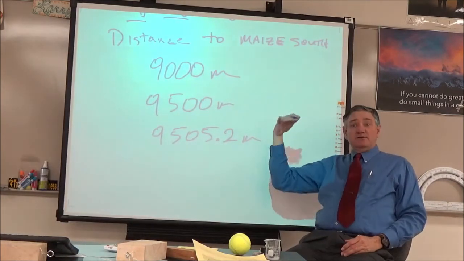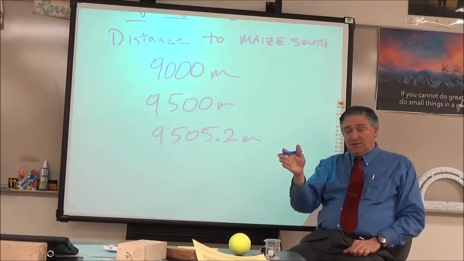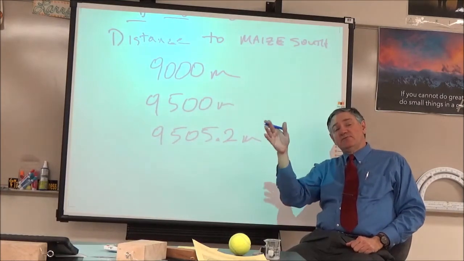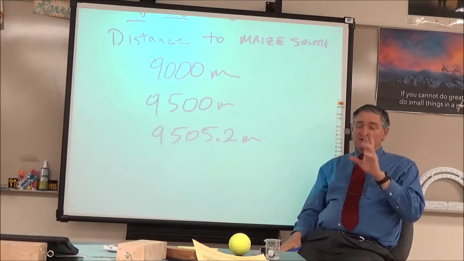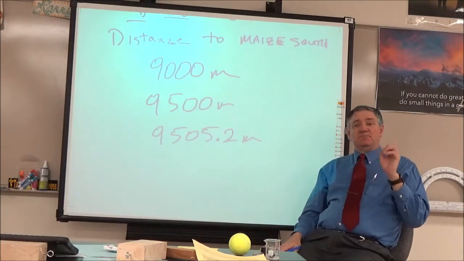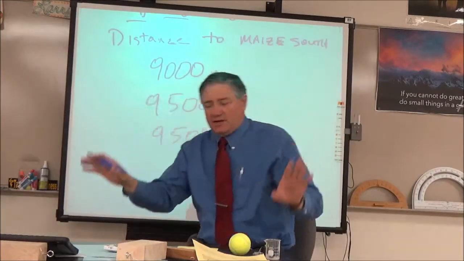So, again, here's the idea. How you write answers conveys information about the measurement. So one of the skills you've got to be able to have is the ability to count significant digits. Here's going to be your overriding theme.